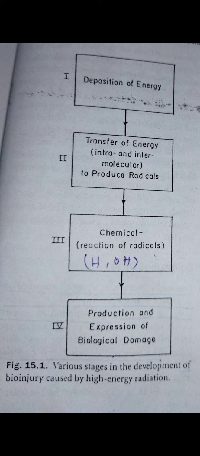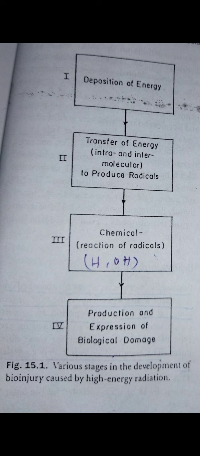The expression of these biological alterations can be eventual, or they can be manifested within a short time, or they may be delayed up to several generations, depending on the type and the function of these altered molecules.